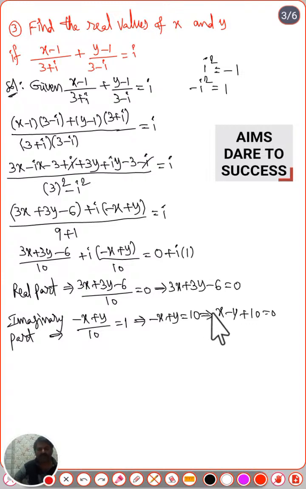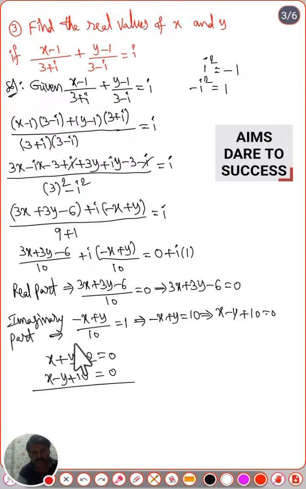Solve these two equations to get the real values of x and y. Okay, my dears. So here, in x, y and constants, take 3 common. Divided by 3, that is x plus y minus 2 is equal to 0. Why? Because 3 ones are 3, 3 ones are 3, 3 twos are 6. Coming to here, same to same, you can write x minus y plus 10 is equal to 0.